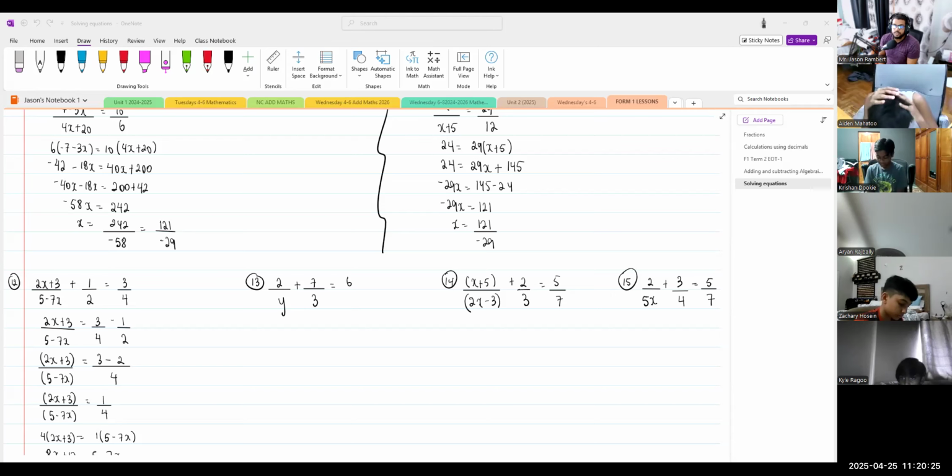But for now, you are supposed to be able to do equations where variables are on the numerator, and equations where variables are on the denominator as well. The next type of questions will be where the variable is in both denominator and numerator in certain cases, and when we end up with a squared. But those things will come in form 3, form 4. All right?